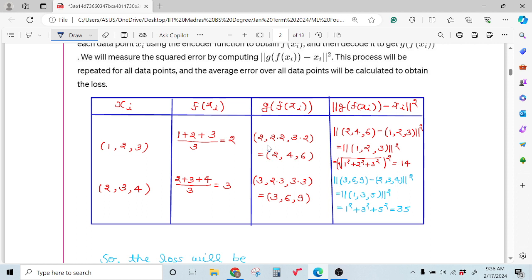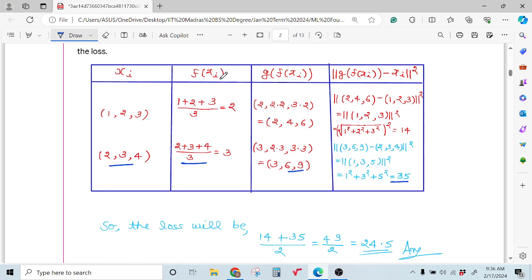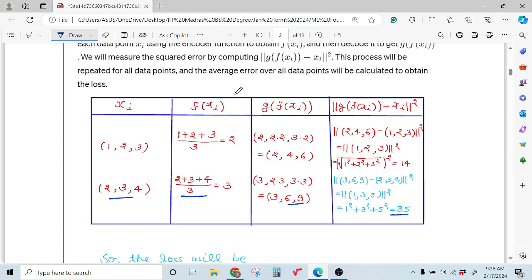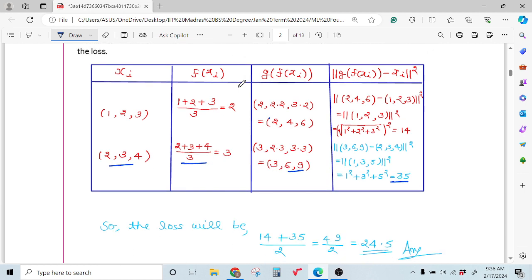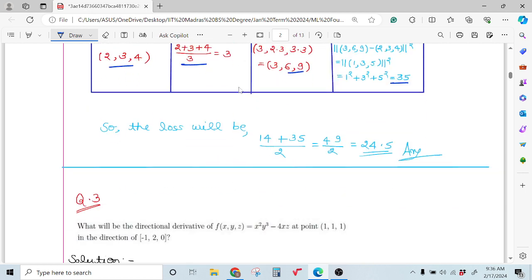Similarly for the second data point we have calculated this, and it is 35. To calculate the loss, we take the average of these errors. So the loss will be (14 plus 35) by 2, that is 49 by 2, which is equal to 24.5. Let us proceed with the next problem.